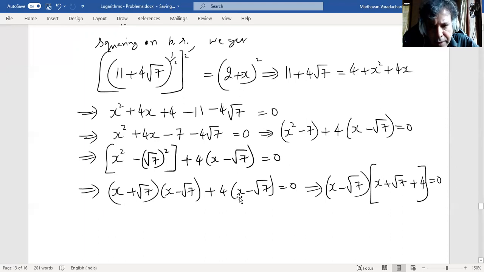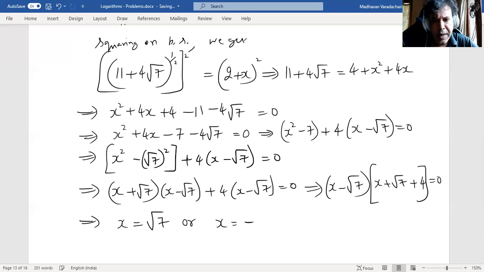Meaning, when I take this x minus root 7 as common, here you have x plus root 7, here you have only 4. This implies that x should be equal to root 7 or x should be equal to minus root 7 minus 4.